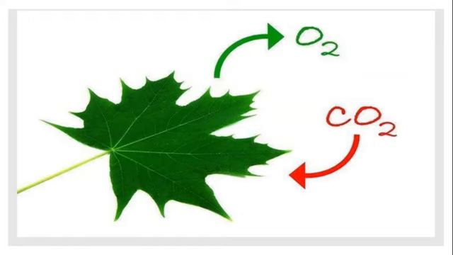So we are now going to delve into the importance of this process to both plants and animals. Before we start, can you brainstorm and identify some importance of this process to plants and animals?